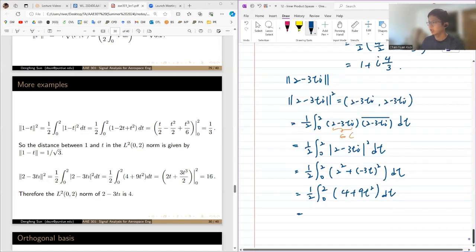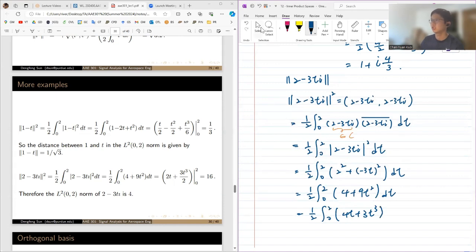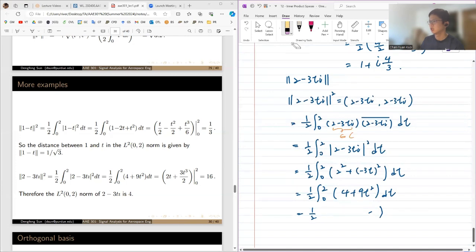And then this is going to be 4t plus 3t cubed, from 0 to 2.